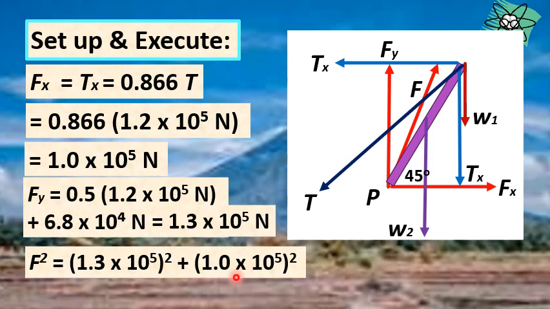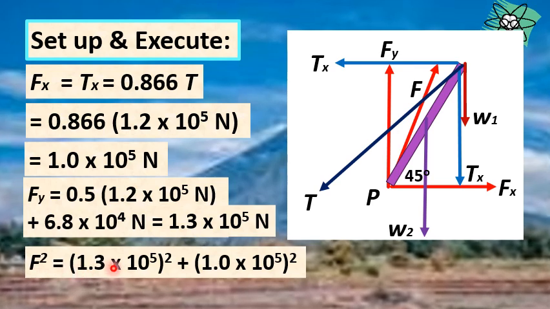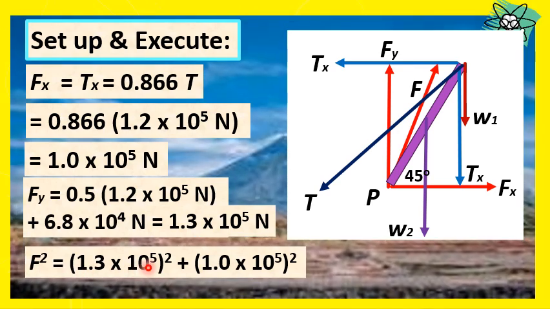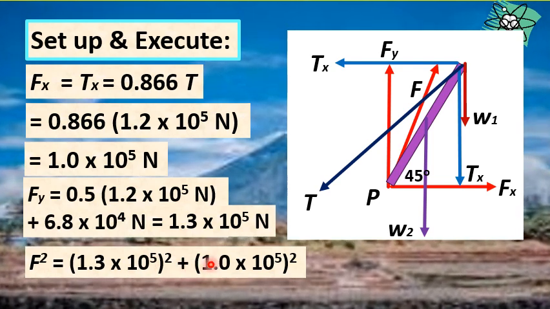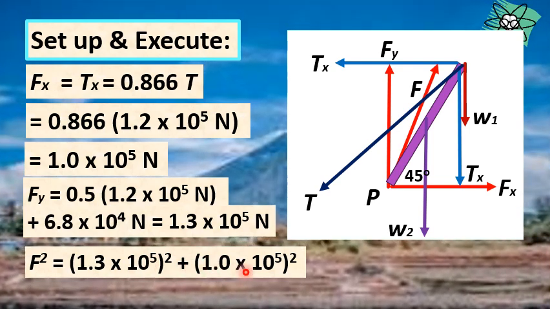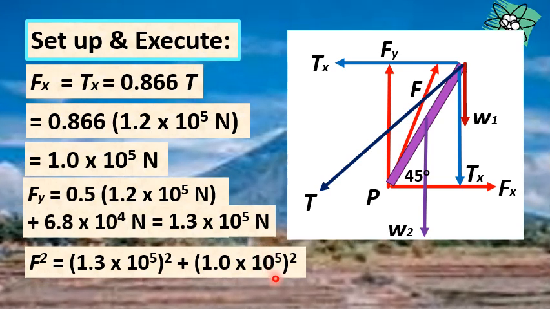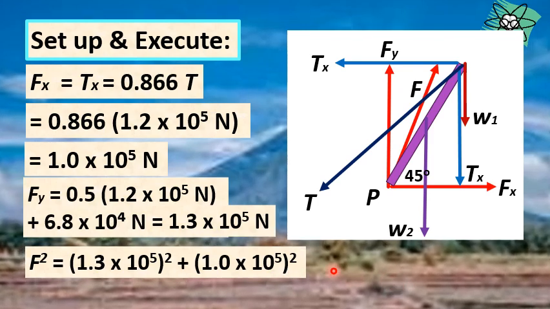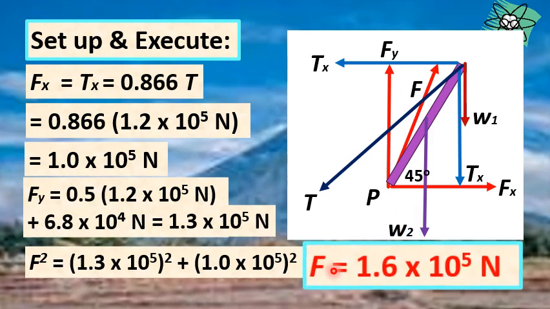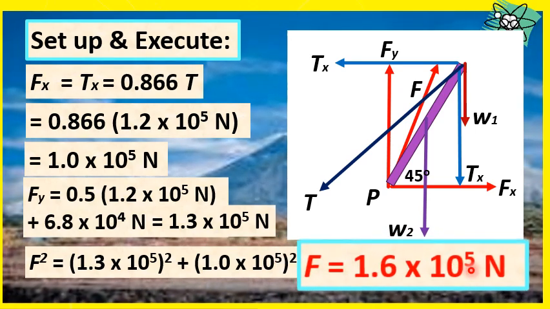So, that is F squared equals 1.3 times 10 to the 5th power Newton, squared, plus 1.0 times 10 to the 5th power Newton, also squared. So when you do the math, we finally get the magnitude of the force F equal to 1.6 times 10 to the 5th power Newton.